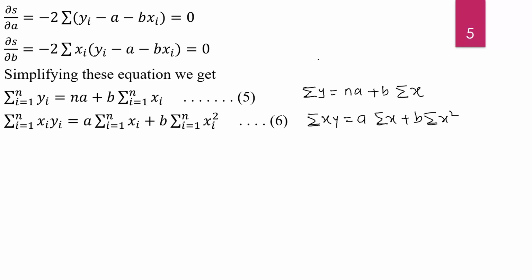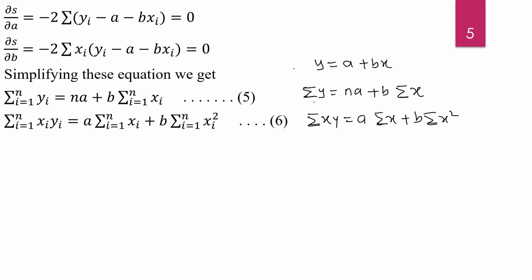So how can we remember? We have the equation y is equal to a plus bx. First, multiply by summation throughout. Here summation of a means the summation runs over the given points; if there are 4 points, then we write 4, and b is a constant under the summation.